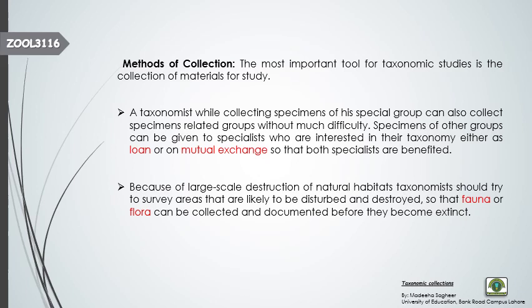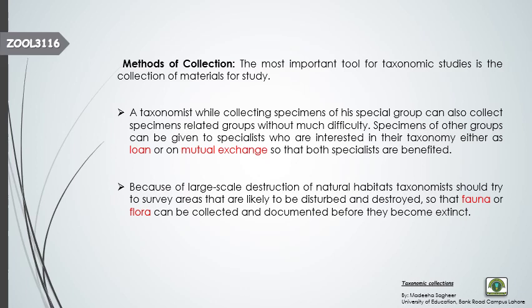You can give these related group specimens to another specialist who is working on them. You can give the specimen to the other taxonomist as a loan, or you can mutually exchange your specimens, right? He will give you your specimen if he has, and you are giving his specimen. In this way both taxonomists would benefit.